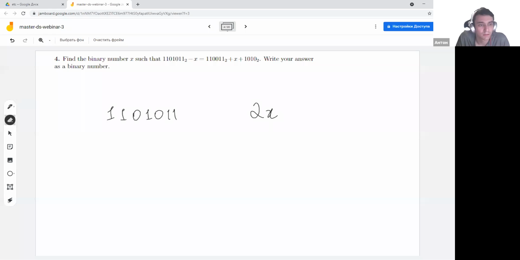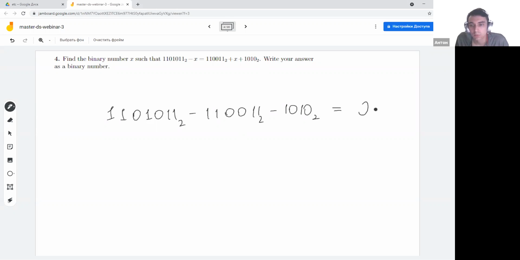I think I don't have enough space. Minus 110011, minus 1010. And this, when given in binary, must be equal to 2x. So I would prefer just to compute the number.